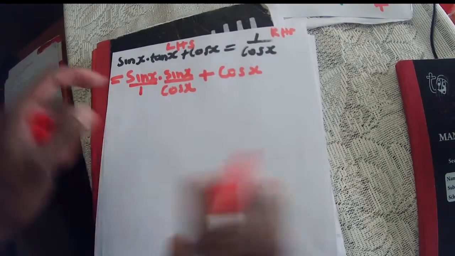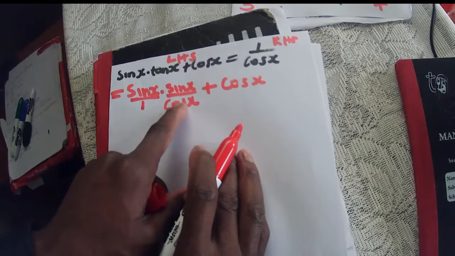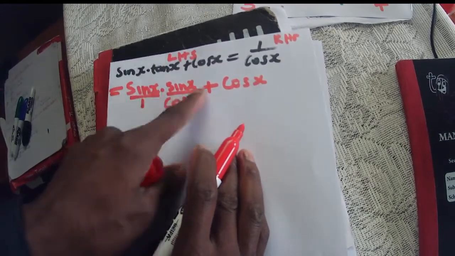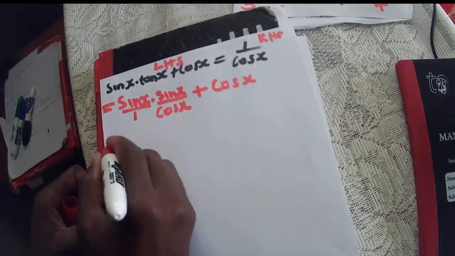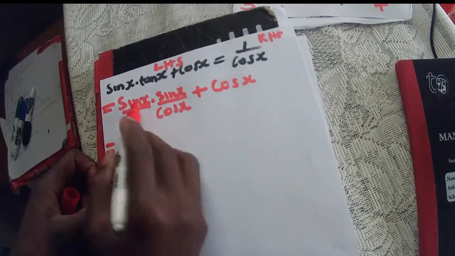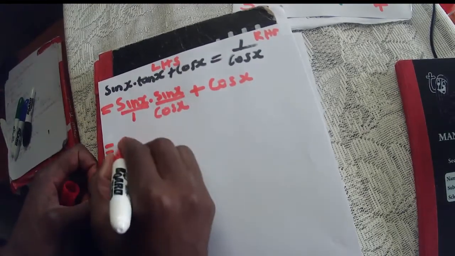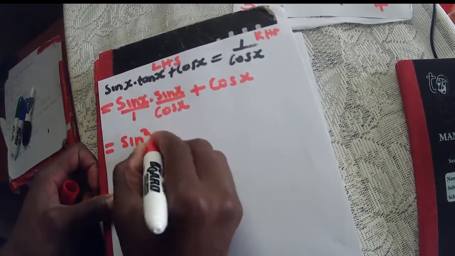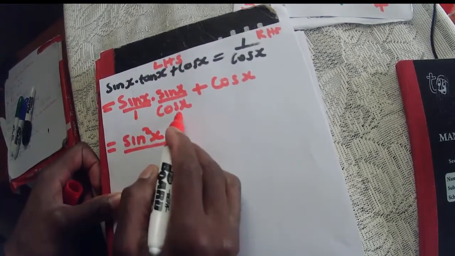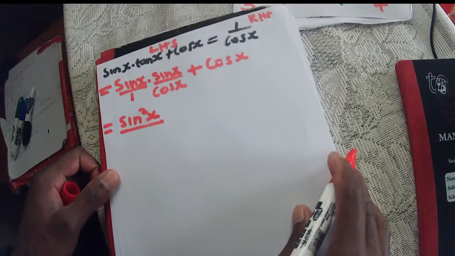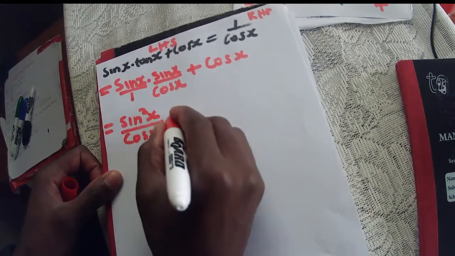So, okay, I'm going to now multiply this fraction by that fraction. So how do we multiply this? We're going to multiply the numerators, then we multiply the denominators as well. Numerator by numerator. So sine x multiplied by sine x, we are going to receive sine squared x divided by, the 1 does not affect the cos x. So the cos x, guys, remains.